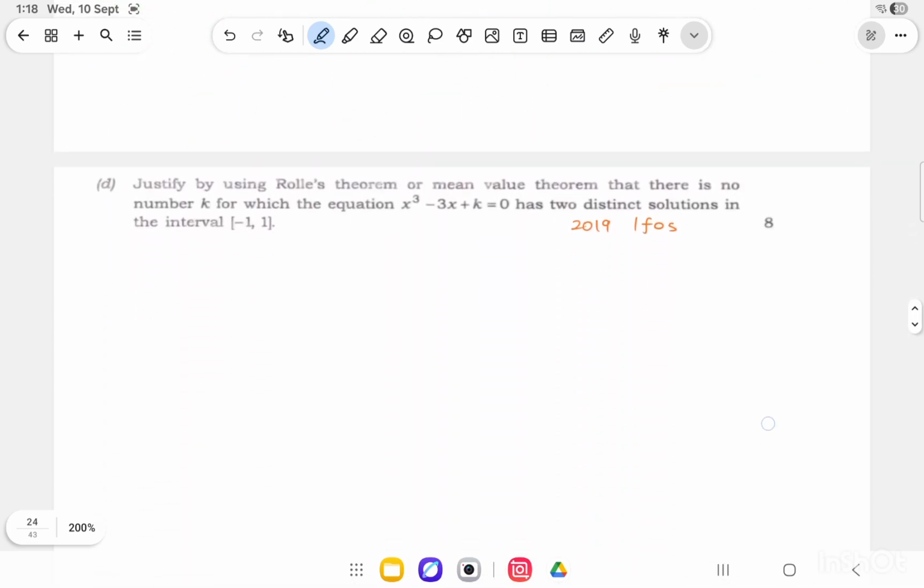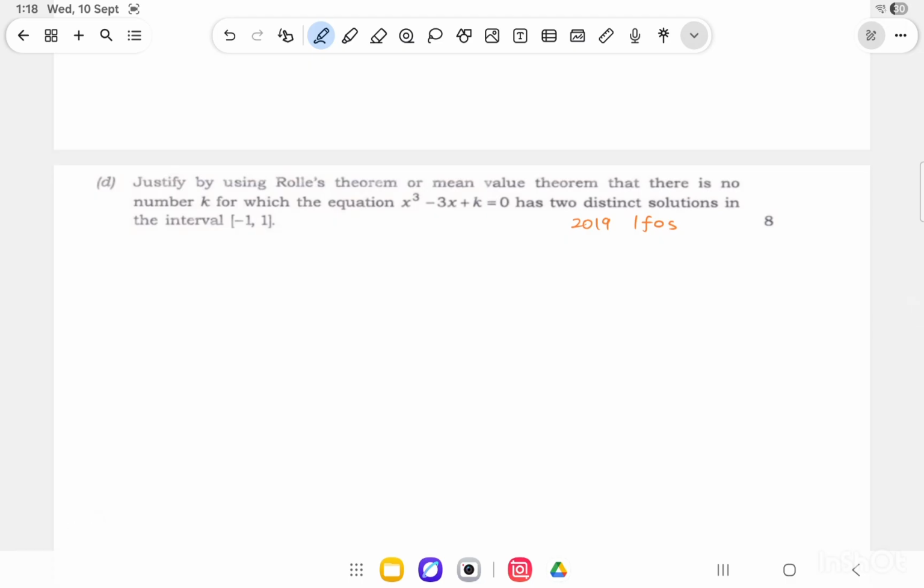So let's move on to the next question. The next question asks us to justify, using Rolle's theorem or the mean value theorem, that there is no number k for which the equation has two distinct solutions in the interval -1 to +1.